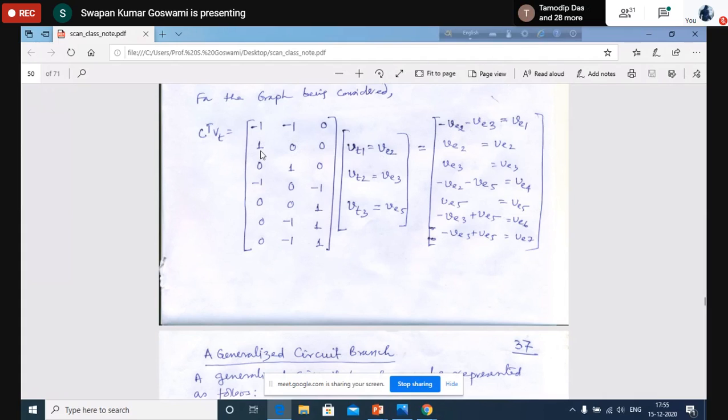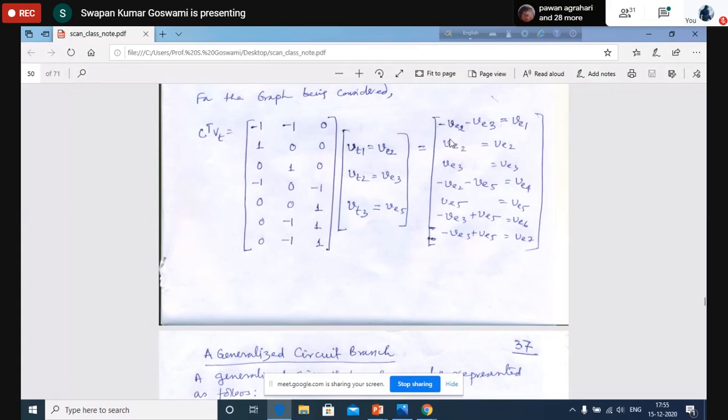Then it will be VE2. Then it will be VE3. Then minus V2 minus V5. Then it will be V5. Then V3 minus V5, and so on. These are the 7 products.